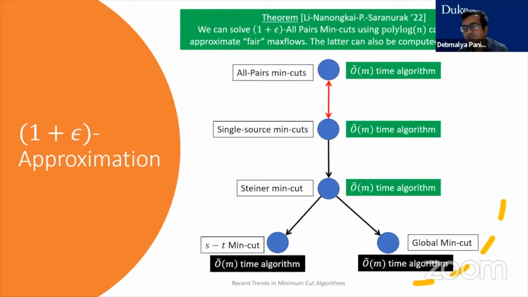This fairness property is kind of technical, but it is a restriction on approximate max flows and min cuts. It's some subset of max flows and min cuts that we denote as fair. And we show that this extra restriction of fairness does not affect the running time. So a fair max flow or a fair min cut can also be computed in near linear time.